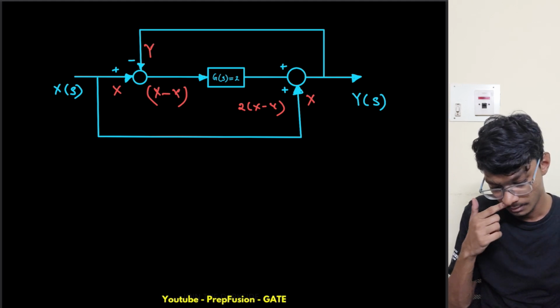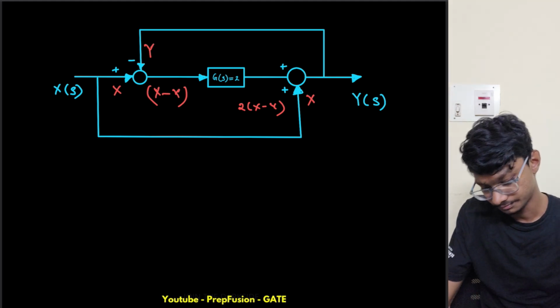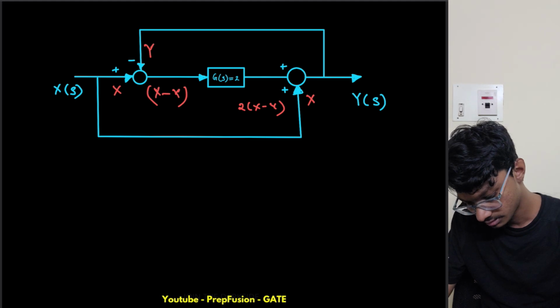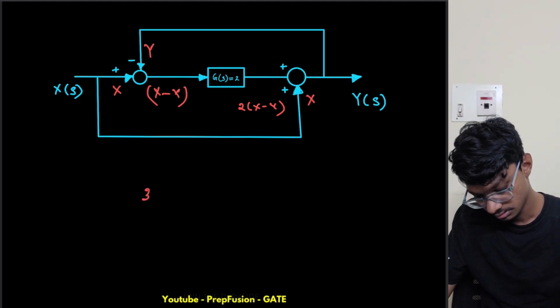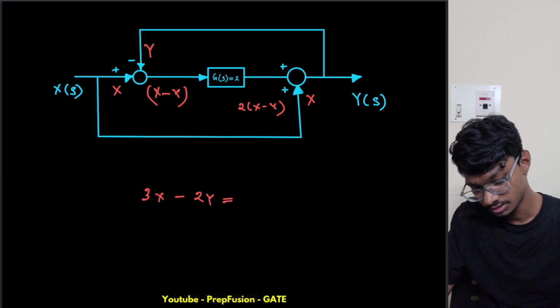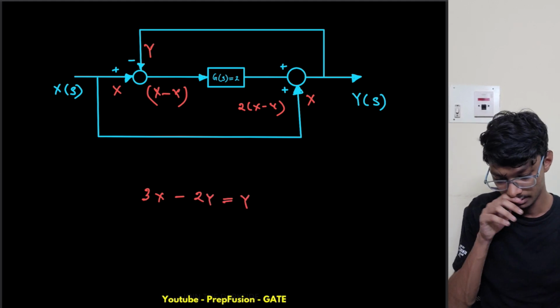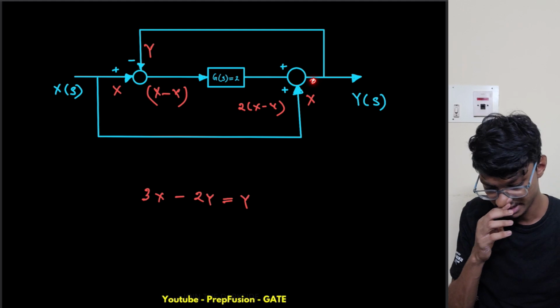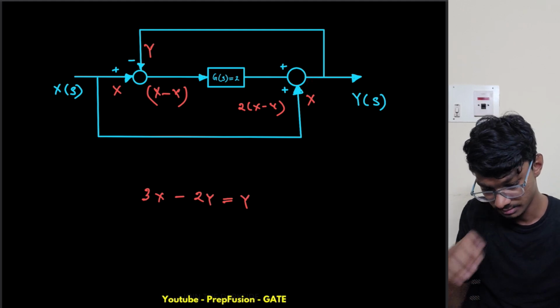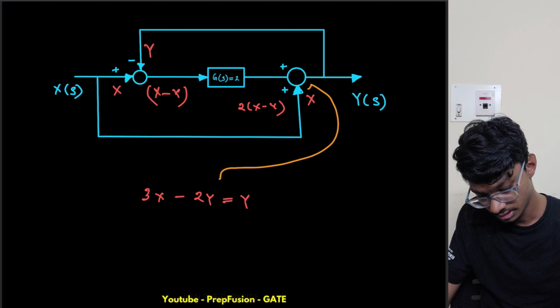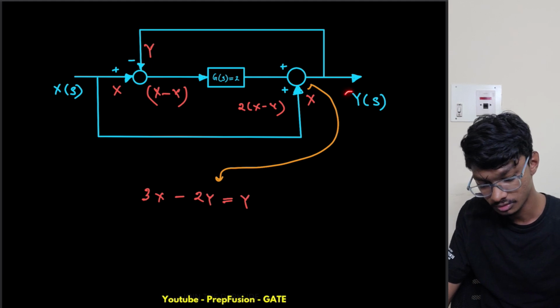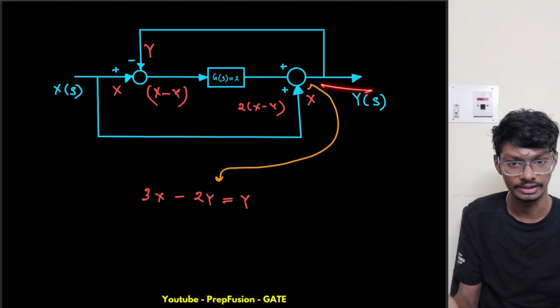So this point is 3x minus 2y, and which is equal to y itself, right? This point is y, okay?